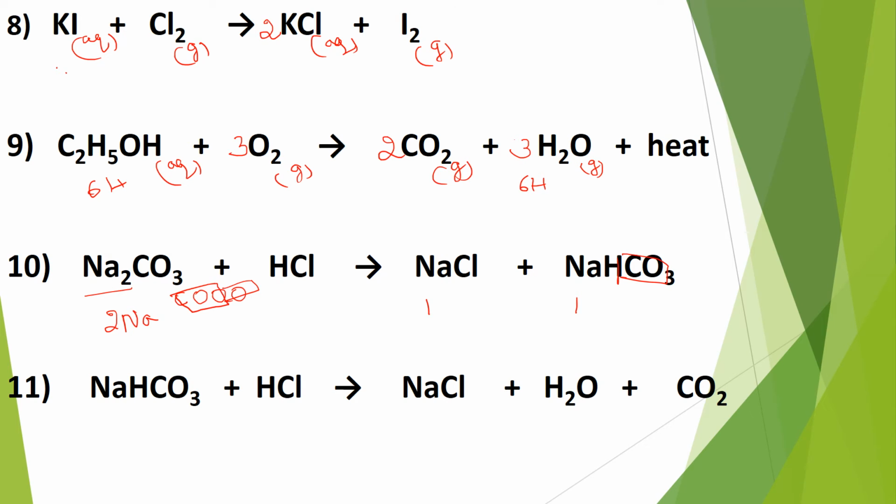So that is balanced. Now what about HCl? 1 Cl is along with sodium chloride and 1 H is along with sodium hydrogen carbonate. It is already balanced. What you need to write now is only the physical state symbols. So let us write that.